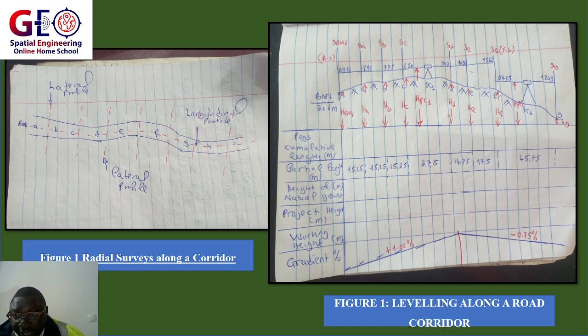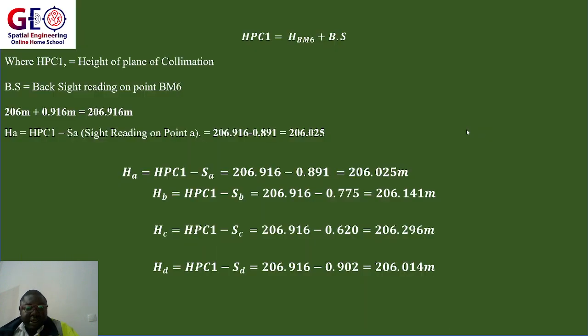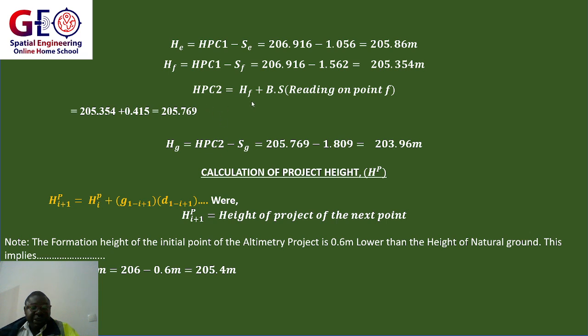It is the height on point F plus the backside reading on point F. So we had 205.354 plus 0.415, which gave us the HPC2. Now we could use HPC2 to calculate height G, HPC2 minus side G, which gives us this. So we have actually calculated all the heights of natural ground from point A right up to point G.